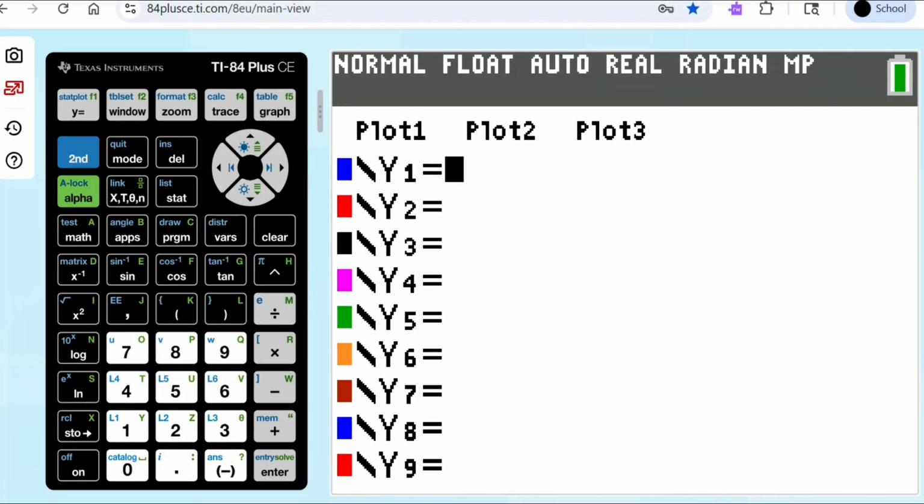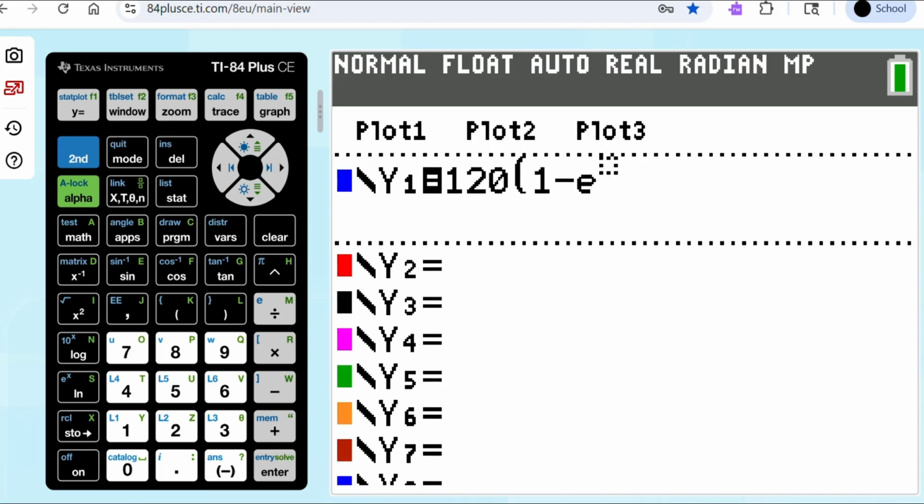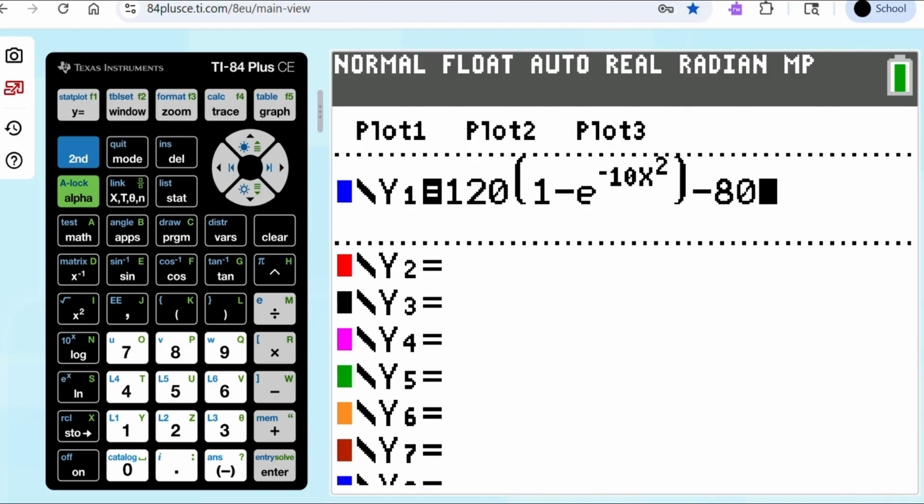So we'll hit y equals, and we'll do our function r of t, which was 120 times 1 minus, again, e to the negative 10t, or x in our case, squared. Now we're going to subtract 80 from it, and we're looking for when it hits the t-axis, or the x-axis here, on the interval from 0 to 2.